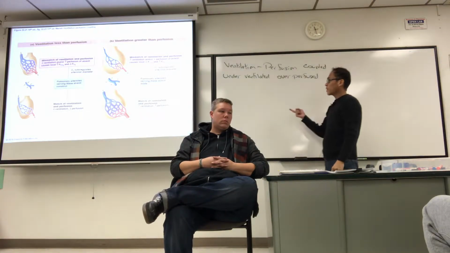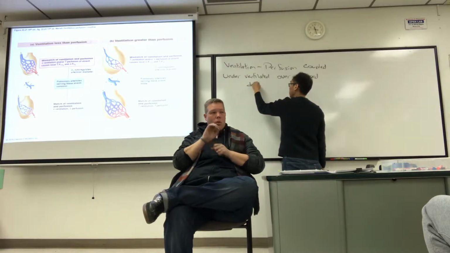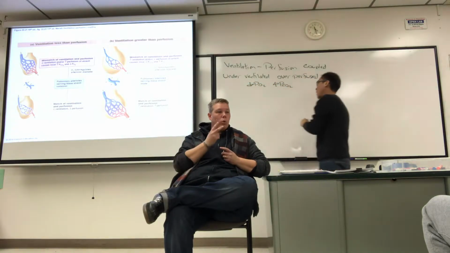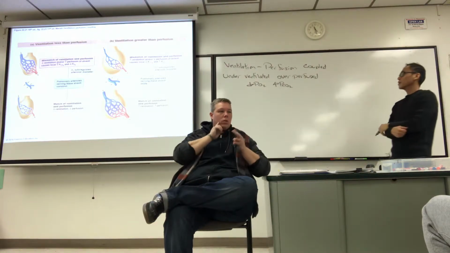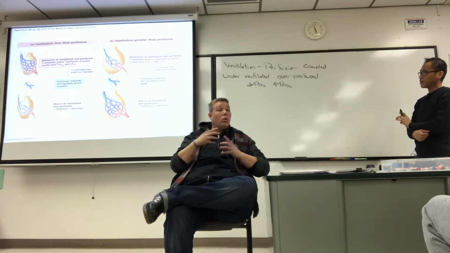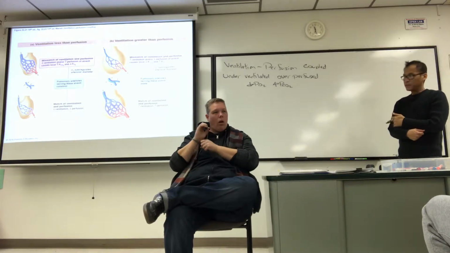If it's underventilated, there's not enough oxygen getting in there, so low PO2, and CO2 is accumulating, so high partial pressure of CO2. Well, you don't want to perfuse that. Remember what the function is. The function is to get oxygen into the bloodstream and dump the CO2.